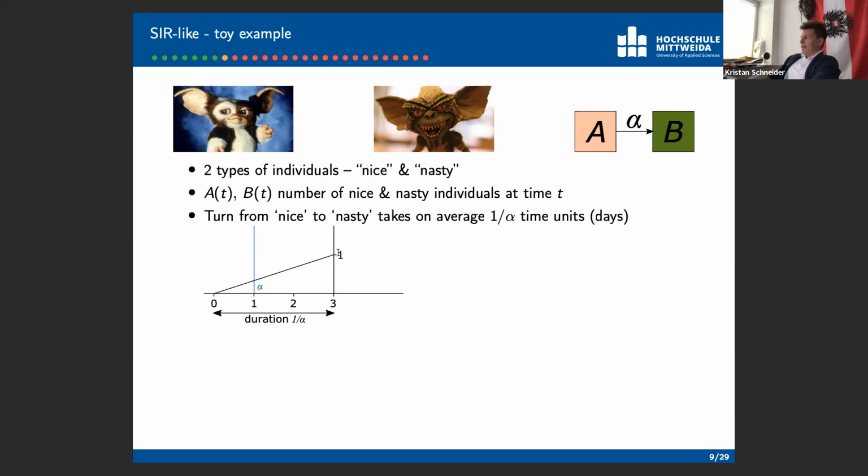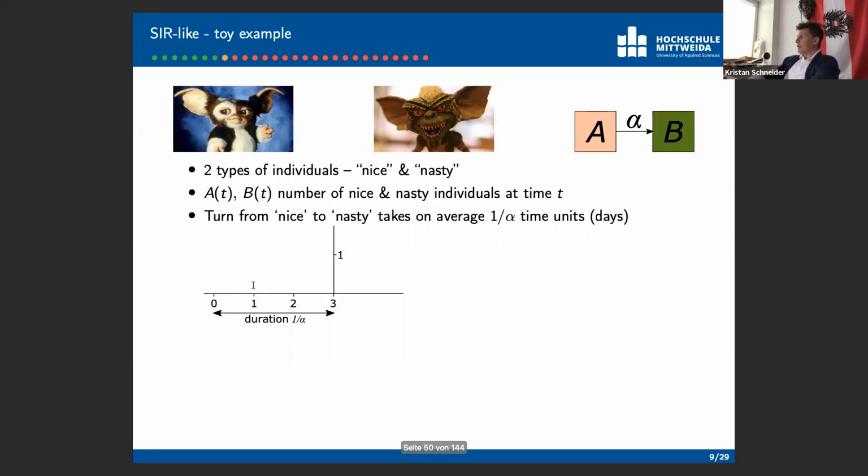Well, you just use similar triangles, and you see 1 over alpha to 1 is like 1 to alpha. So it is alpha individuals. Alpha is of course not an integer in general, but some fraction. Of course, you don't have alpha individuals, but since we model it continuously, it's okay to do so.